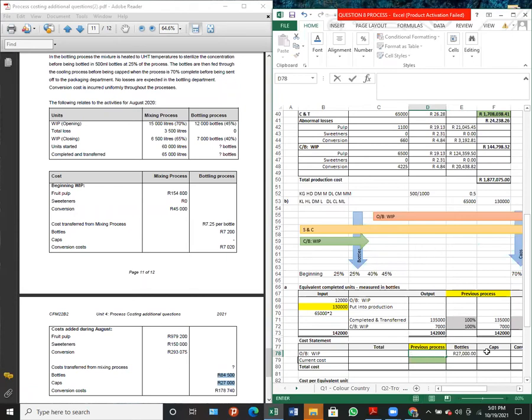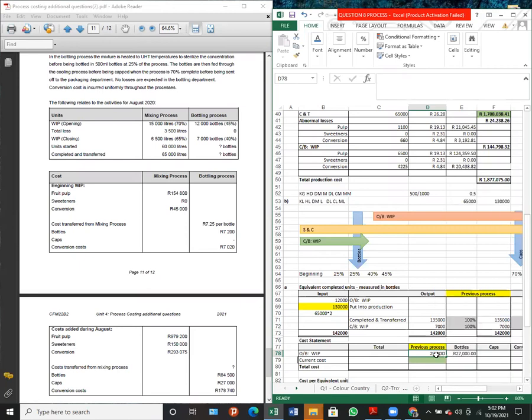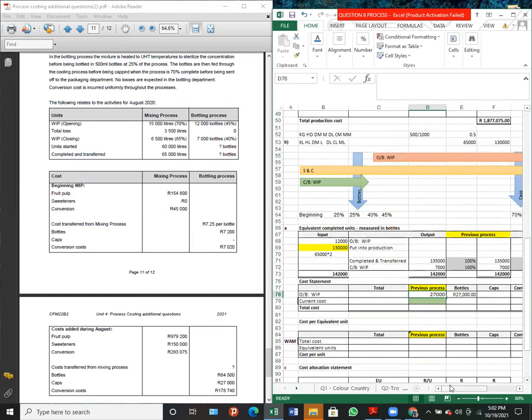For what, sir? For bottles. Isn't the 84,500 for bottles? For bottle, yeah, it's 84,500. It's my spreadsheet that is making it.